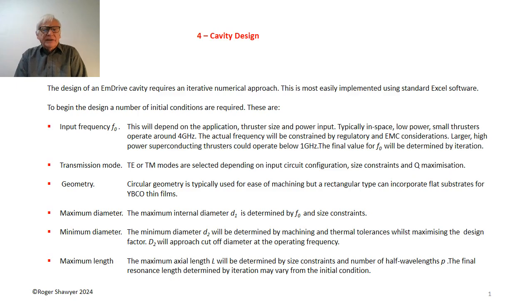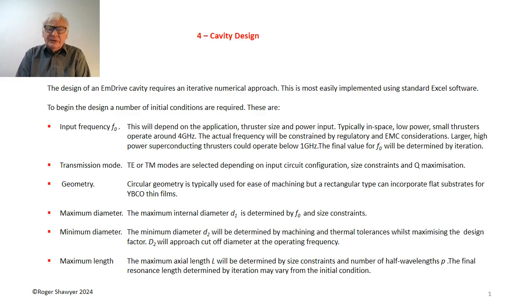We also need to decide on the transmission mode, either TE or TM modes, and we will select the mode mainly depending on the input circuit configuration, whether we're using a slot or a probe or a loop.